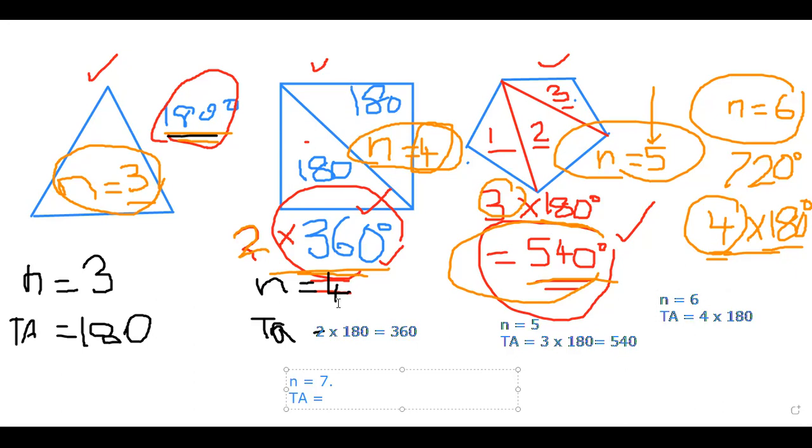Everything like 4 minus 2, you get 2. 5 minus 2, you get 3. 6 minus 2, you get 4. Got it? So 7 minus 2, you will get 5. So you take 5 times 180. And can you please find out in the calculator what's the answer for that? When n is 7, what's the total angle?